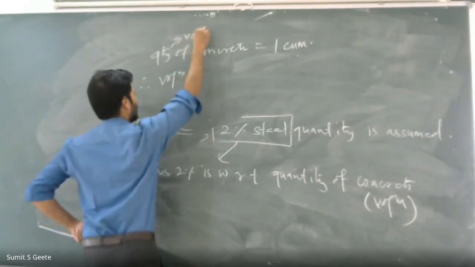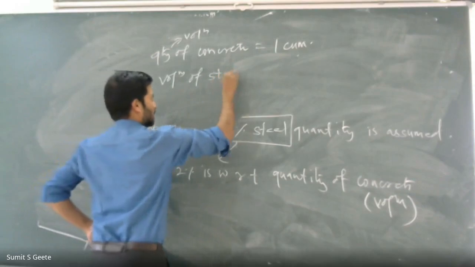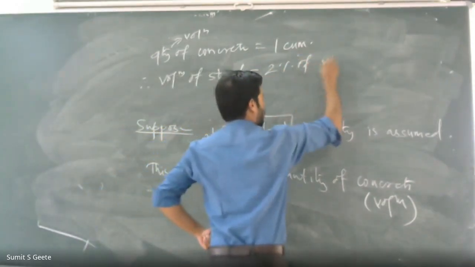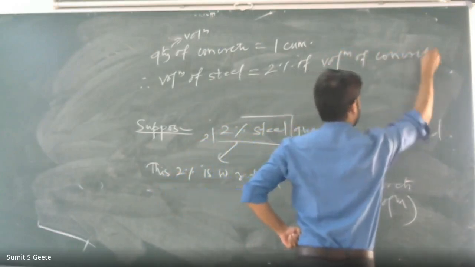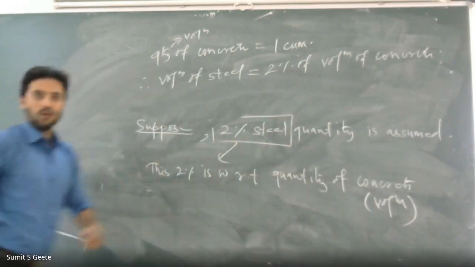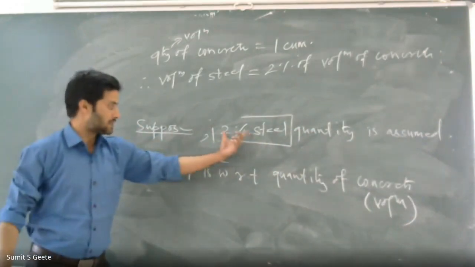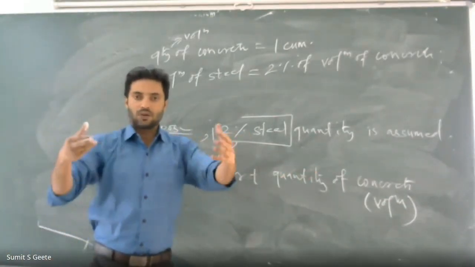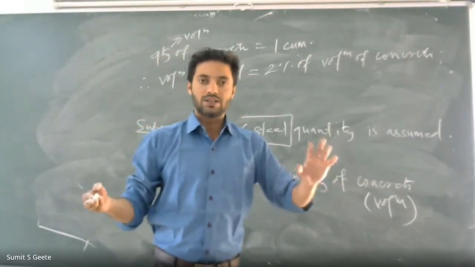So, volume of steel is 2% of volume of concrete. What exactly are we going to consider? Because this 2% of steel is related to the quantity of concrete, and we know that we measure the quantity of concrete in cubic meters.